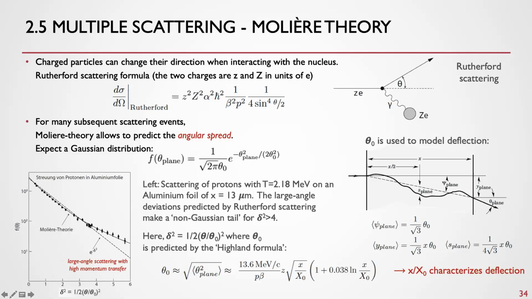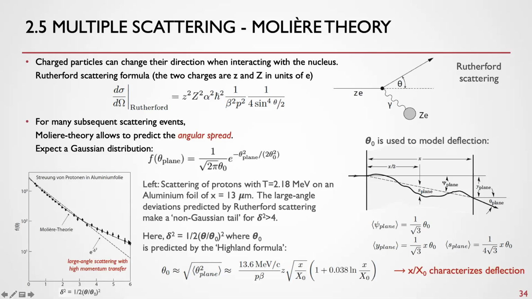However, Molière theory predicts large deviations for large angles. And these large angle scatterings, these are the ones that happen with a high momentum transfer, low impact parameter, and high values for the deflected angle. So impact parameter is low, almost head-on collisions, but the outgoing particle is deflected a lot.